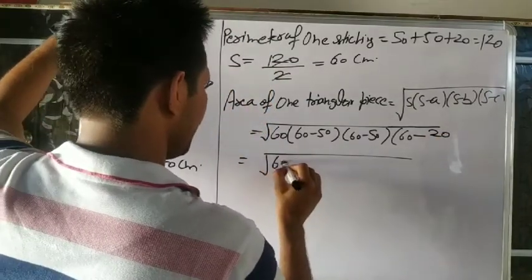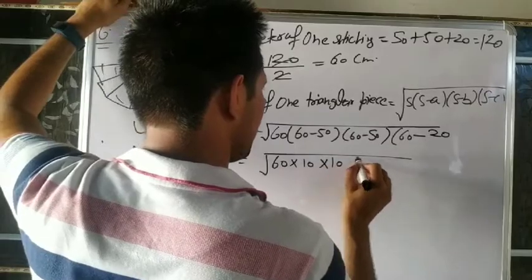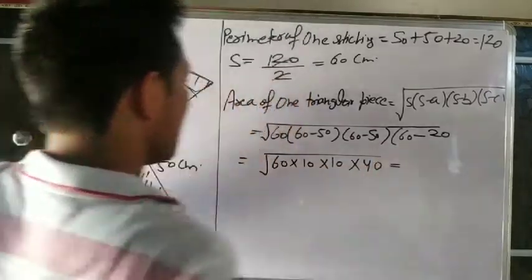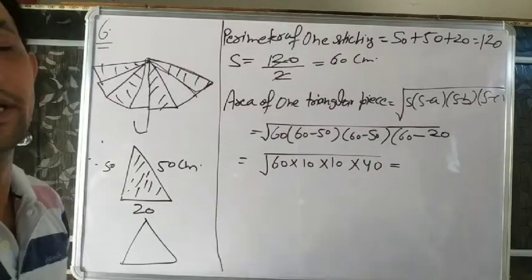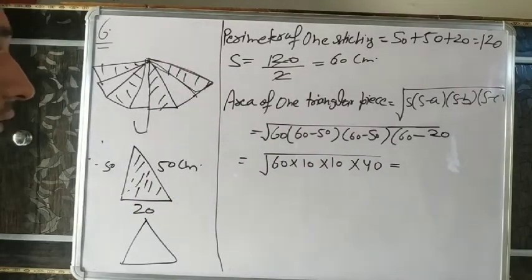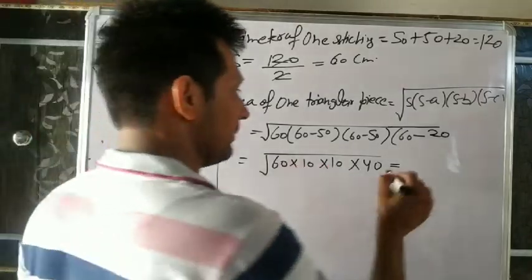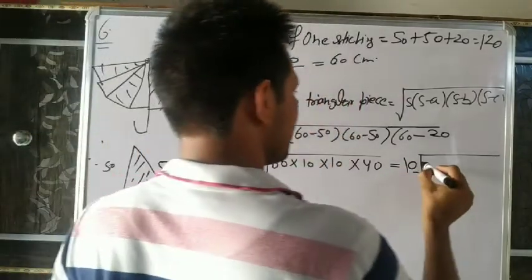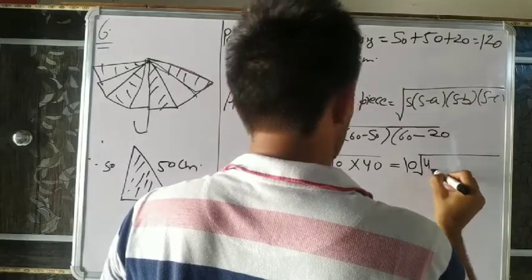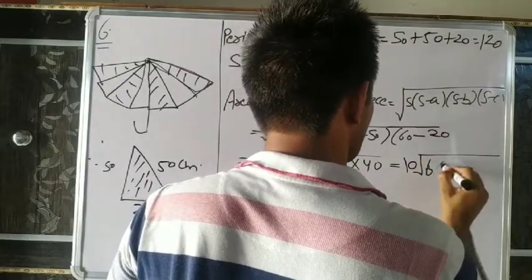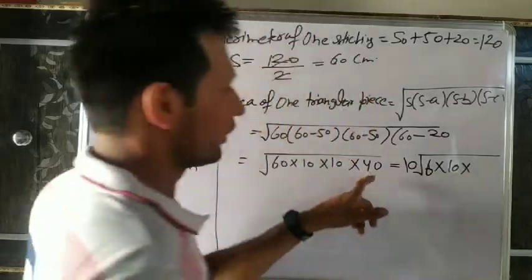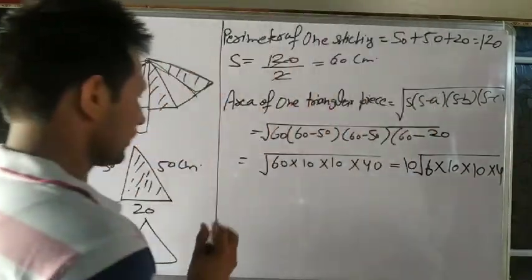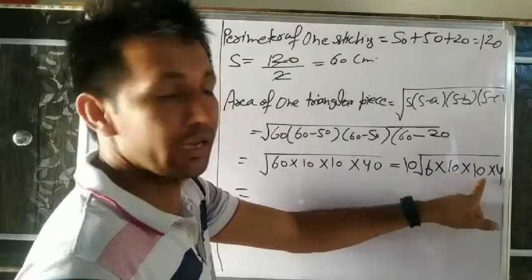Now 60 into 10 into 10 into 40. Yes. What can we write? 10 into 10 is a pair, it comes outside. Now what remains inside? 60 we can write 6 into 10, and 40 we can write 10 into 4. Again 10 into 10, a pair comes outside.